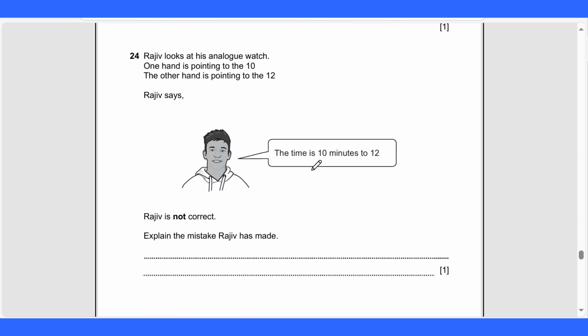Number 24. Rajiv looks at his analog watch. One hand is pointing to the 10 and the other hand is pointing to the 12. Rajiv says the time is 10 minutes to 12. Rajiv is not correct. Explain the mistake Rajiv has made.